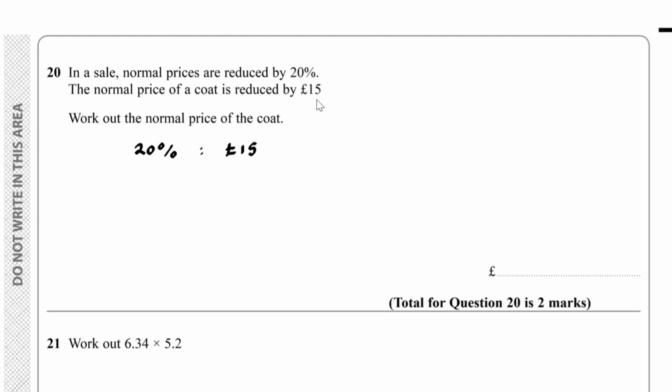We've got a 20% reduction, and the reduction is £15. Now we want to work out the normal price. So let's suppose the normal price is 100. Multiplying by 5, we end up with £75.